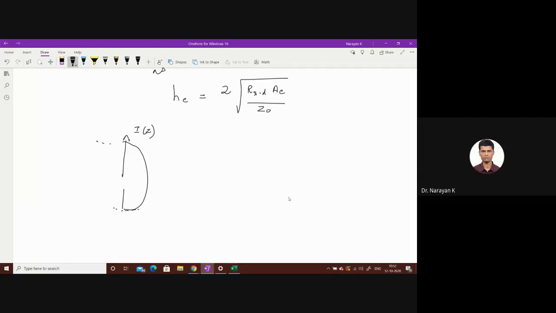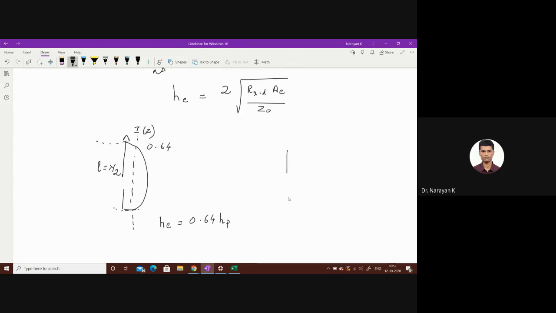Suppose your length of the antenna is equal to lambda by 2. Your effective height will be 0.64 times the actual physical height of the antenna in this case. So this depends upon your current distribution.